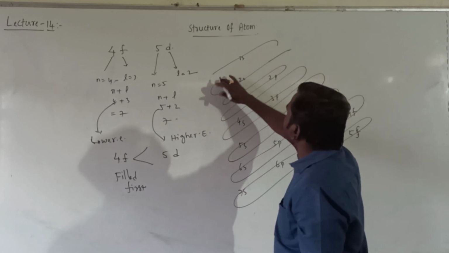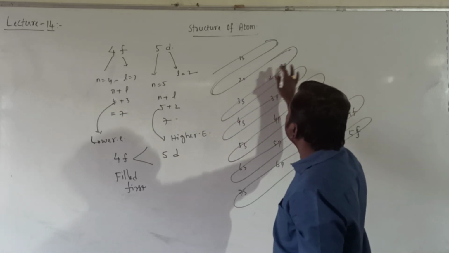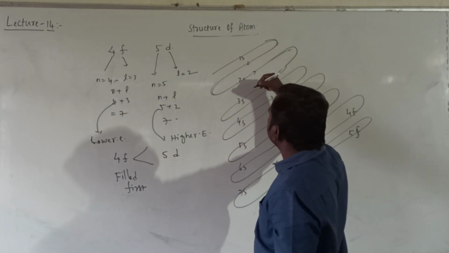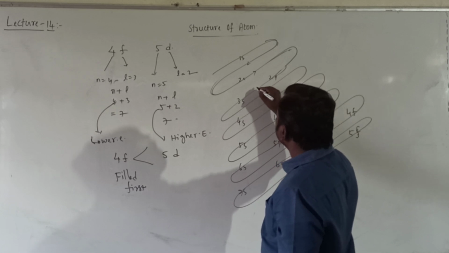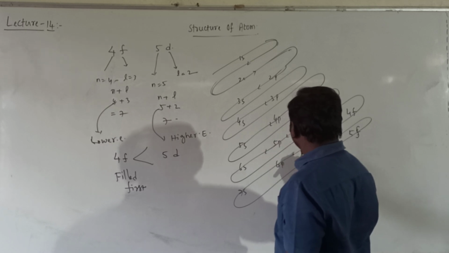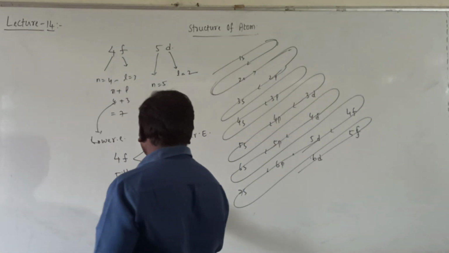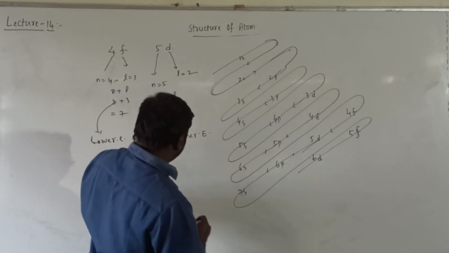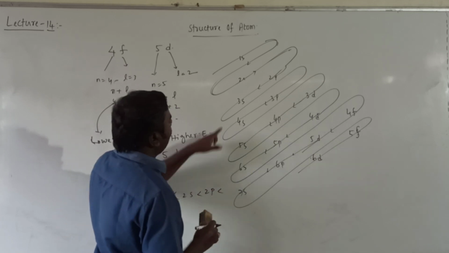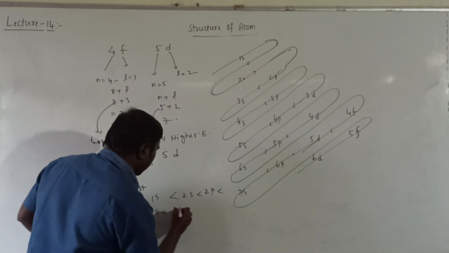This is 1s, 2s, 2p, like this. This is the direction, students. So 1s, lower energy. After that 2s, lower energy. After that 2p, lower energy. After that 3s, lower energy. After that 3p, lower energy.